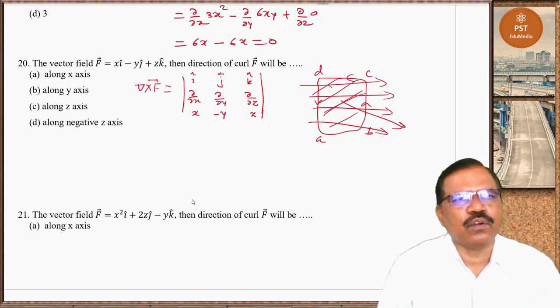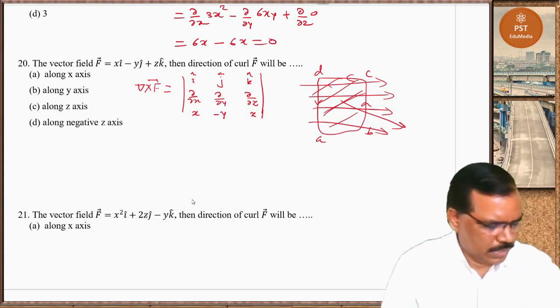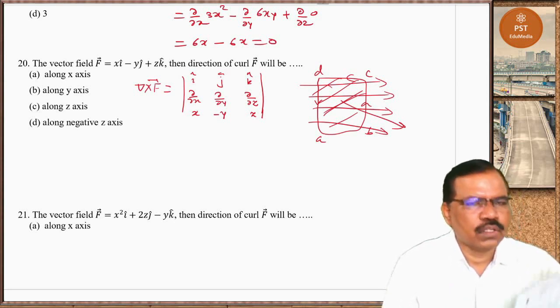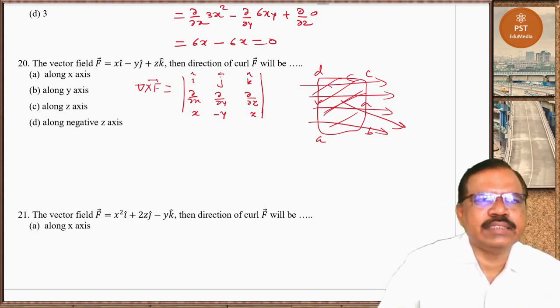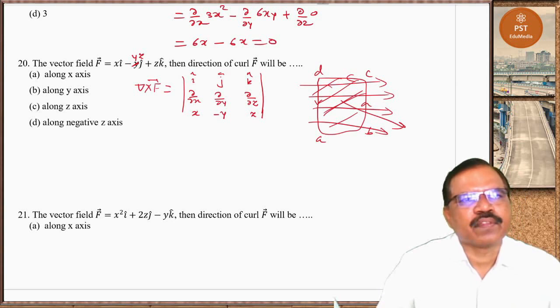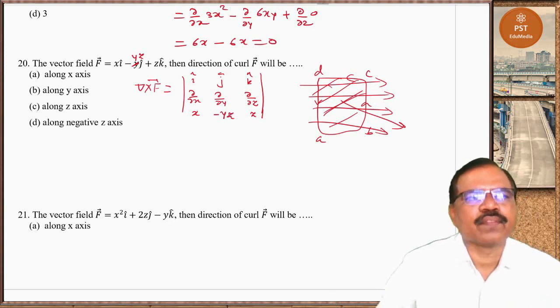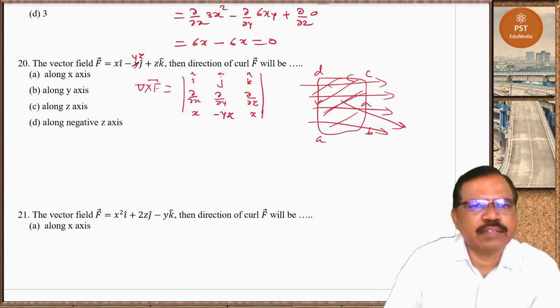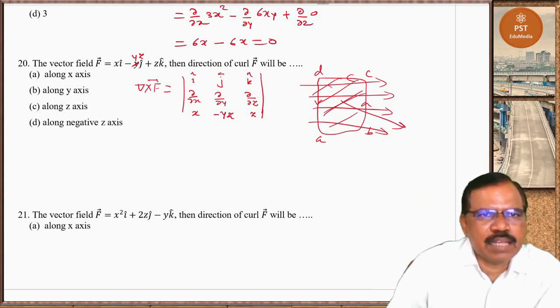Here there is an error in the problem. Look, actually here it is yz. So here yz. Typing mistake is there. x i minus yz j plus z k.